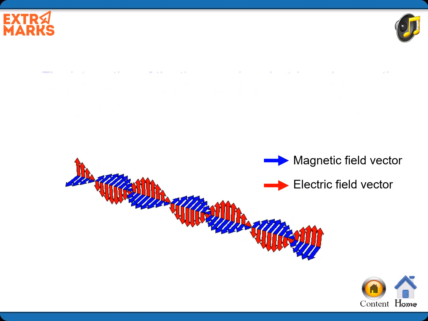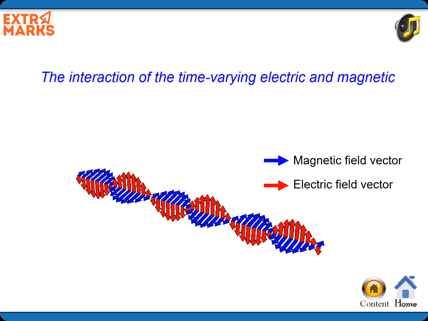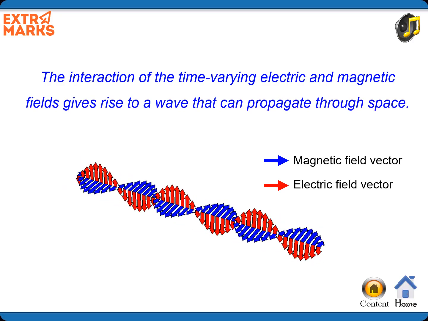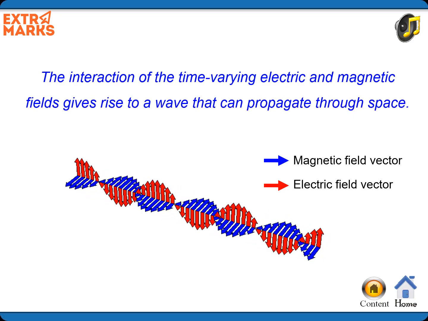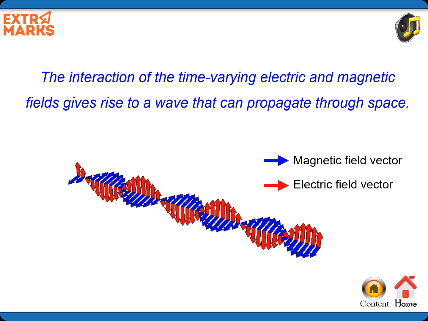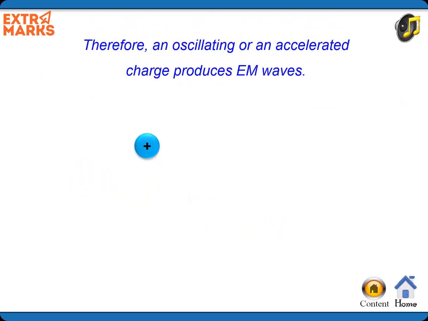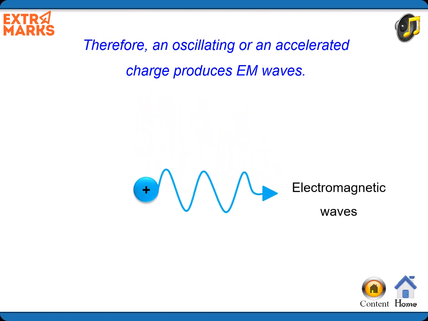The interaction of the time-varying electric and magnetic fields gives rise to a wave that can propagate through space. Therefore, an oscillating or an accelerated charge produces electromagnetic waves.